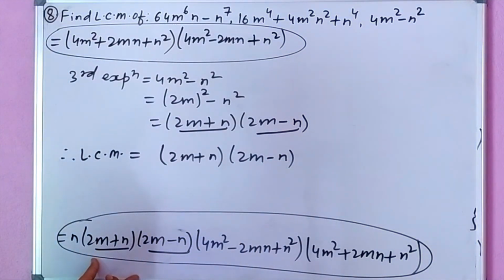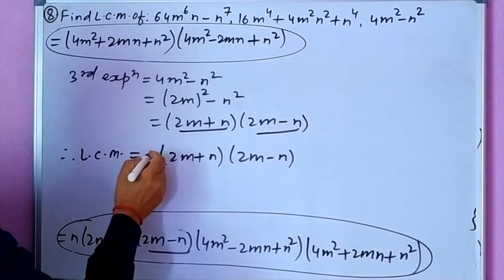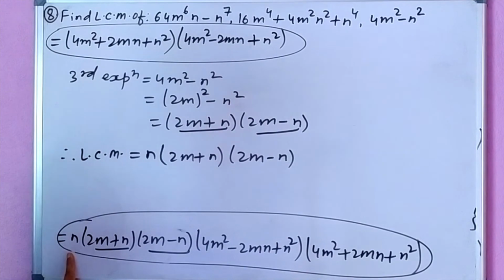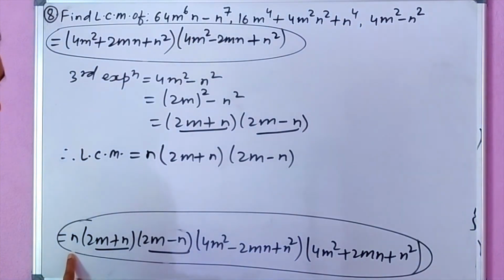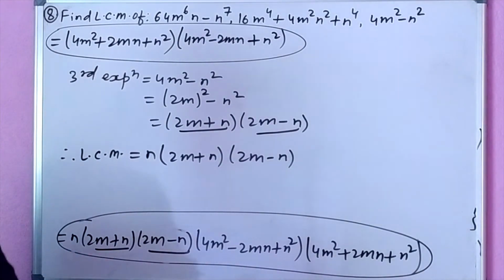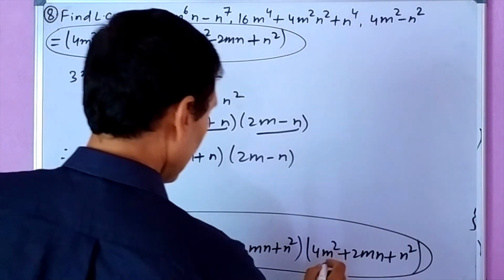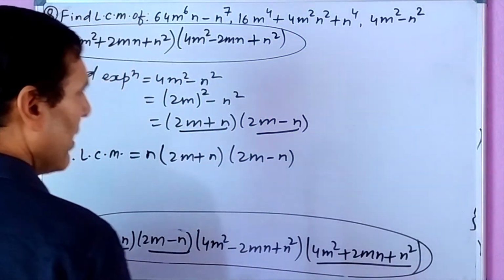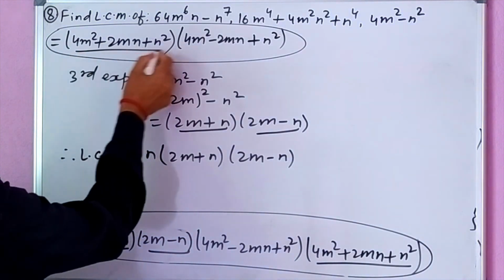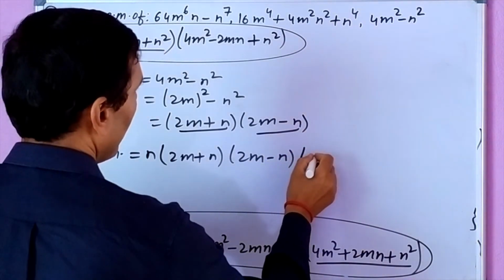In the first and third, these two factors were common, and the remaining n here is not common. And look here, first and second, 4m square plus 2mn plus n square is common.